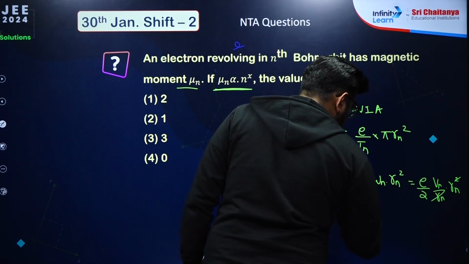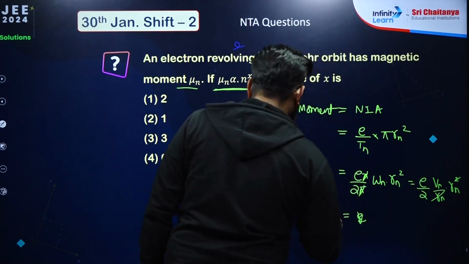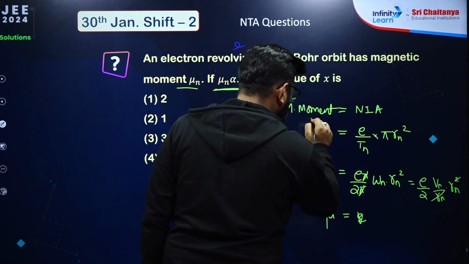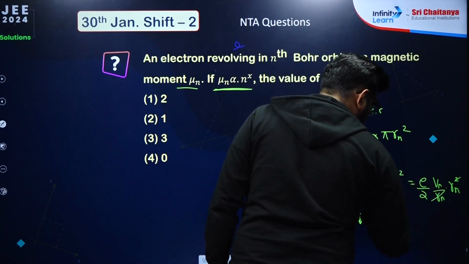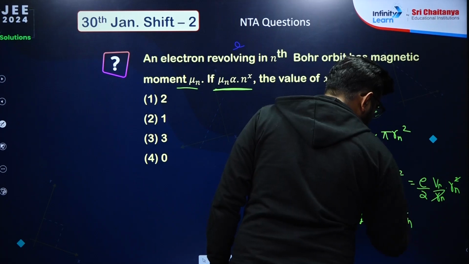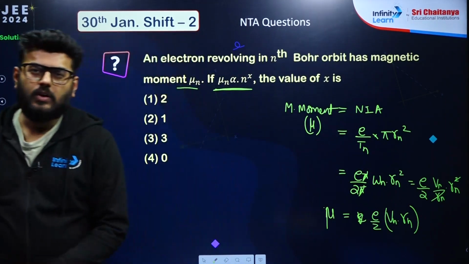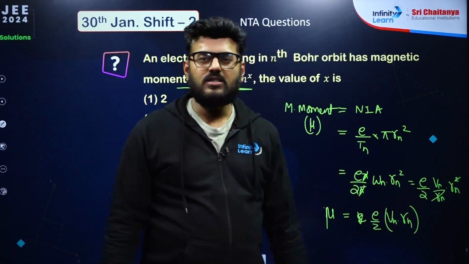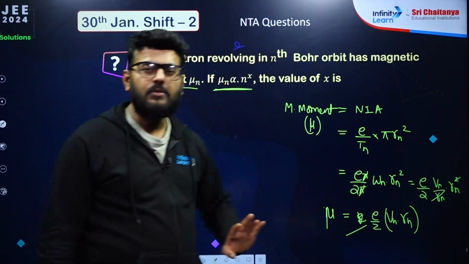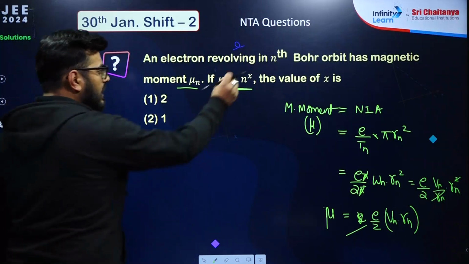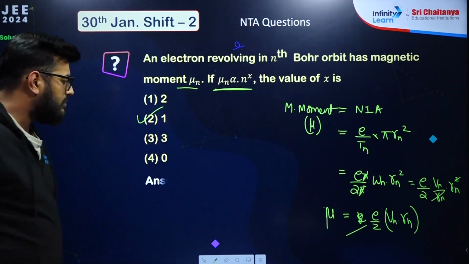Finally, what you can see is this magnetic moment, which is represented by mu, is coming out to be directly proportional to e by 2 into Vn into Rn, right? And Vn you already know is dependent upon Z by n, and Rn is directly proportional to n square by Z. So finally mu will be directly proportional to n raised to the power 1, and that x value we needed to calculate. Answer is option number 2.